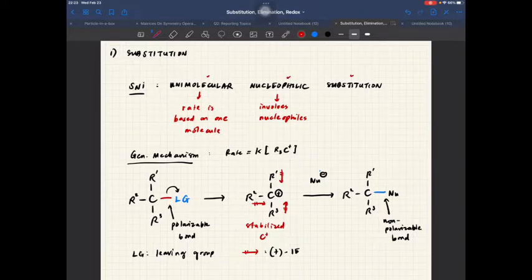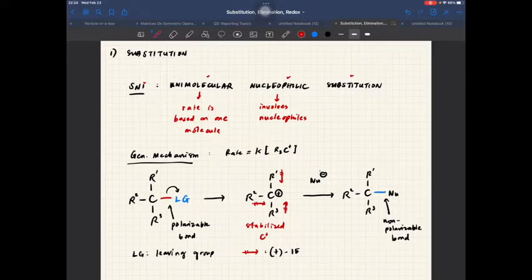One is unimolecular. It means that the rate of the reaction is based only on one molecule, or the formation of one molecule. Nucleophilic means that the reaction involves nucleophiles. And finally, we have substitution reaction in which one of the substituents is being replaced by another substituent, or is being replaced by the nucleophile.